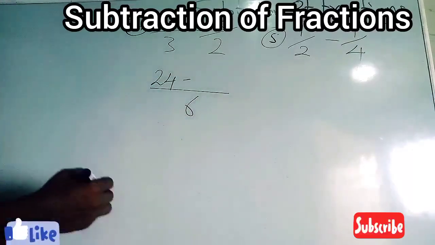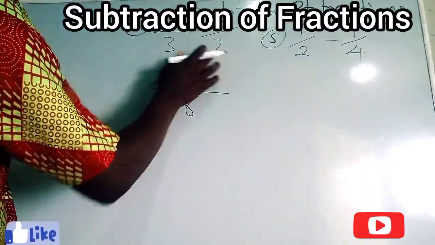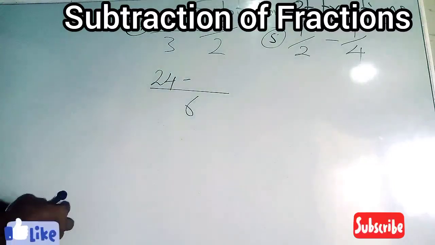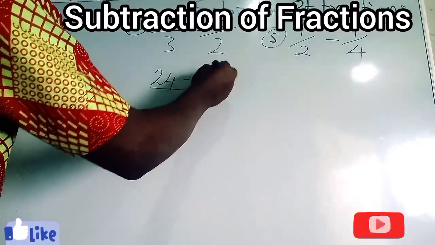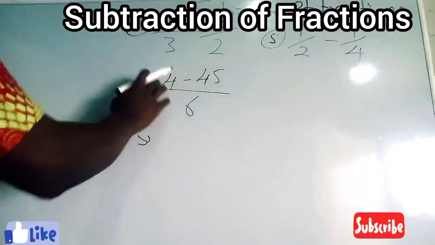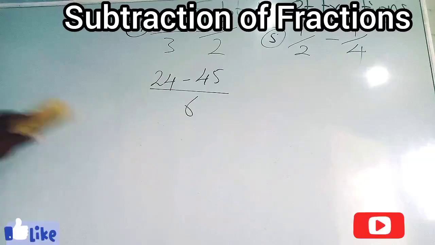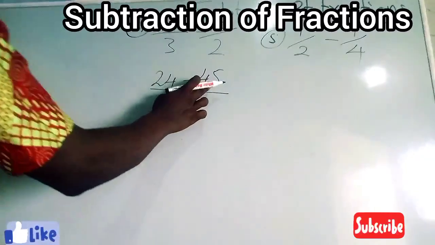You bring your subtraction sign. Okay, how many times would 2 go into 6? 2 will go into 6 3 times. Okay, so 3 times 15 will give you 45. When you have this, you subtract this from this. You subtract 45 from 24, you realize that this number is bigger than this.